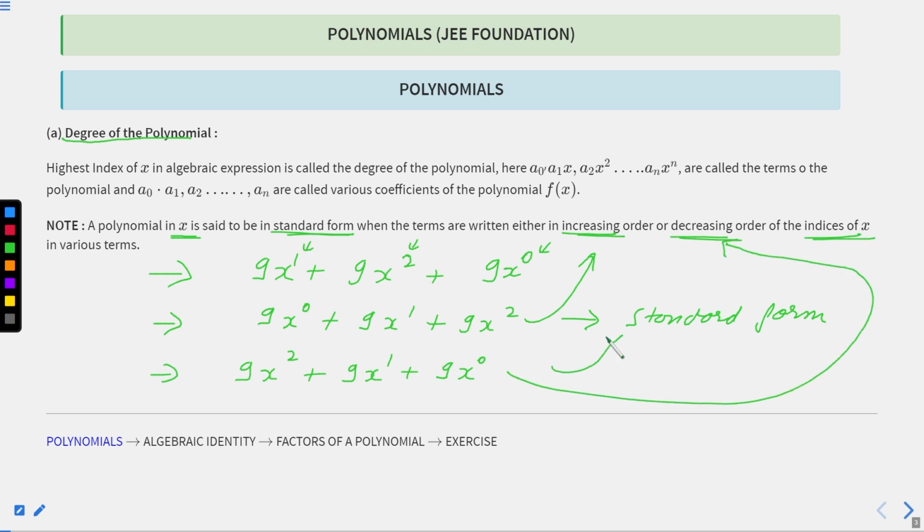This is also a standard form for the polynomial. Now you have some idea of how a polynomial and its standard form will look. Let's move to next and understand more terms.